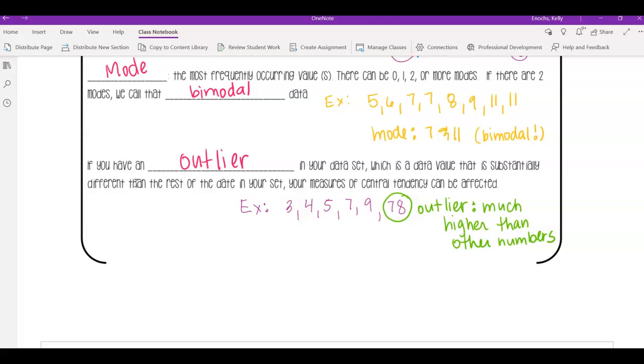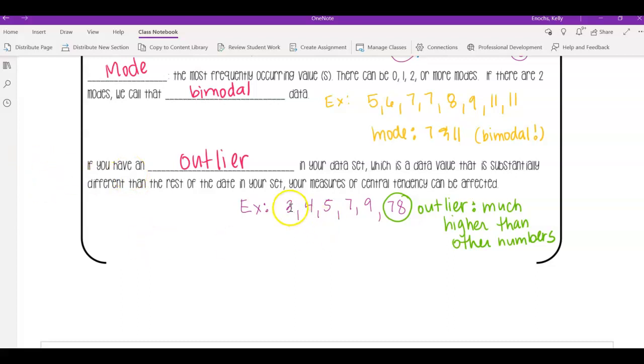Think about it this way. If you get one really high test or one really low test, that's going to change your average test score quite a bit. So in that case, if you want a more accurate measure of your test performance, you might find the median of those test numbers instead of the mean to not be swayed by that one really high or one really low test.